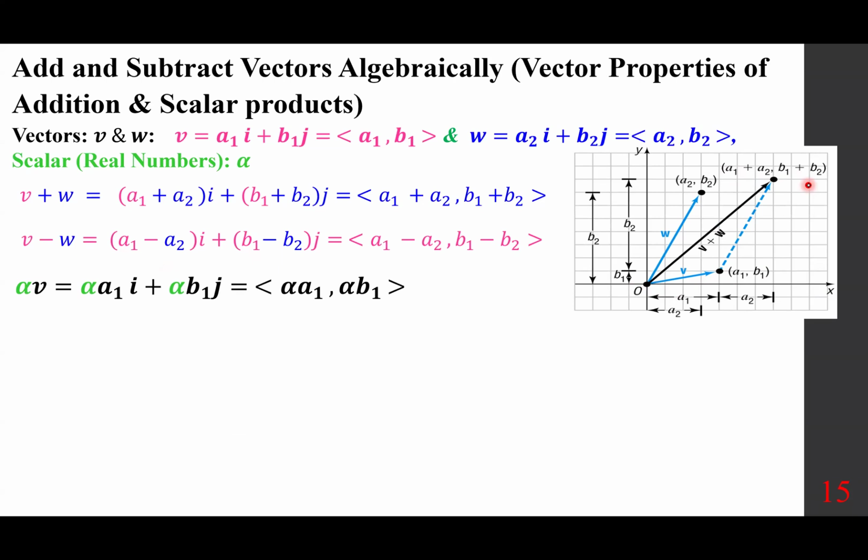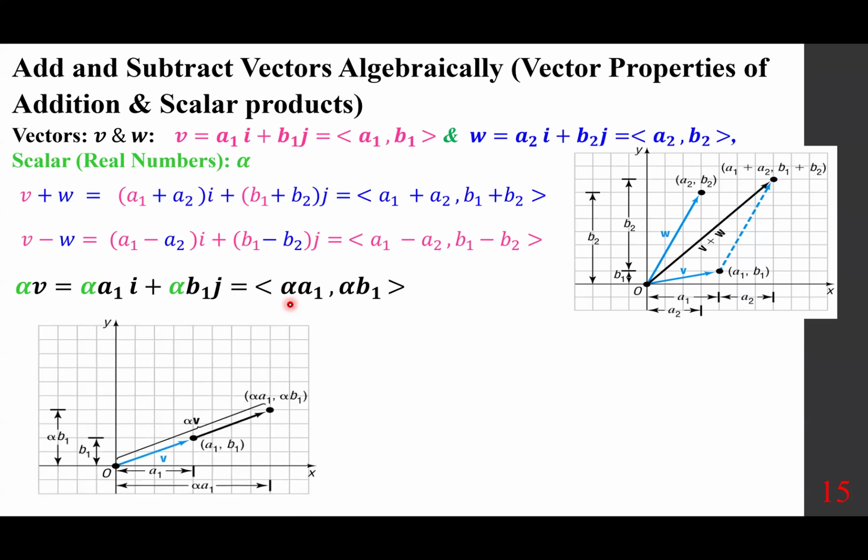If I multiply it by some constant alpha, every component gets multiplied by alpha. So if v has components a1, b1, alpha v has the same components times alpha: alpha a1, comma, alpha b1.